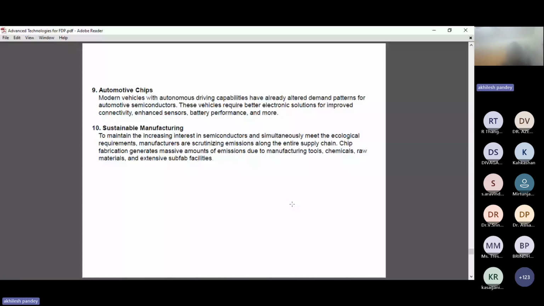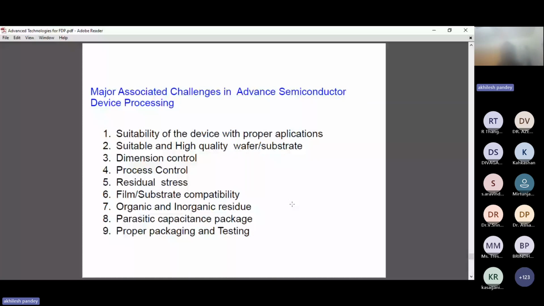So we come to the major associated challenges in advanced semiconductor device processing. First, suitability of the device with the proper application. Whatever device one has to use, it should be suitable for the proper application. Another is suitability for high frequency and high power.